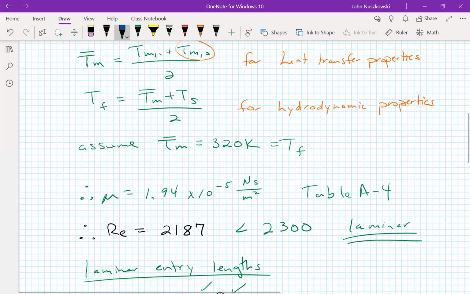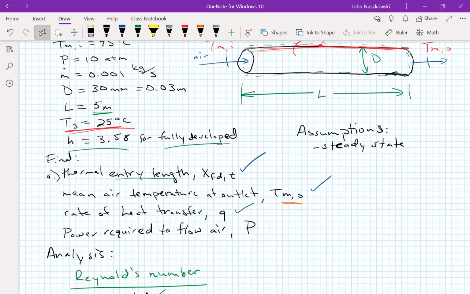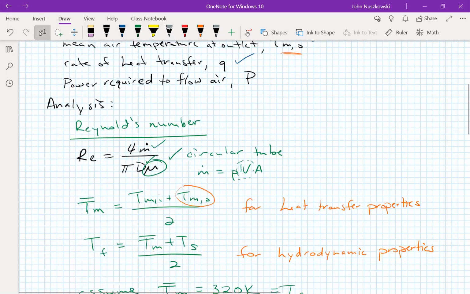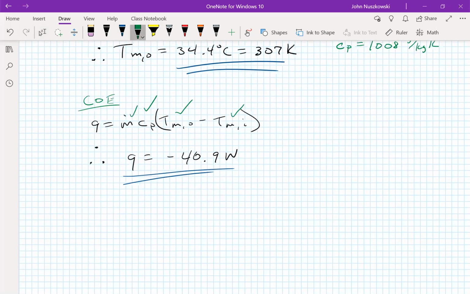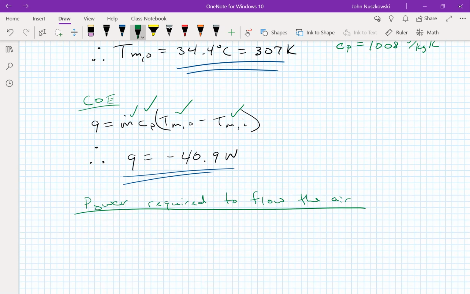All right, so then last is power required to flow the air, okay? So if we're pushing this air through this tube, and it's asking us for the power required to do that, what are we kind of overcoming to do that?